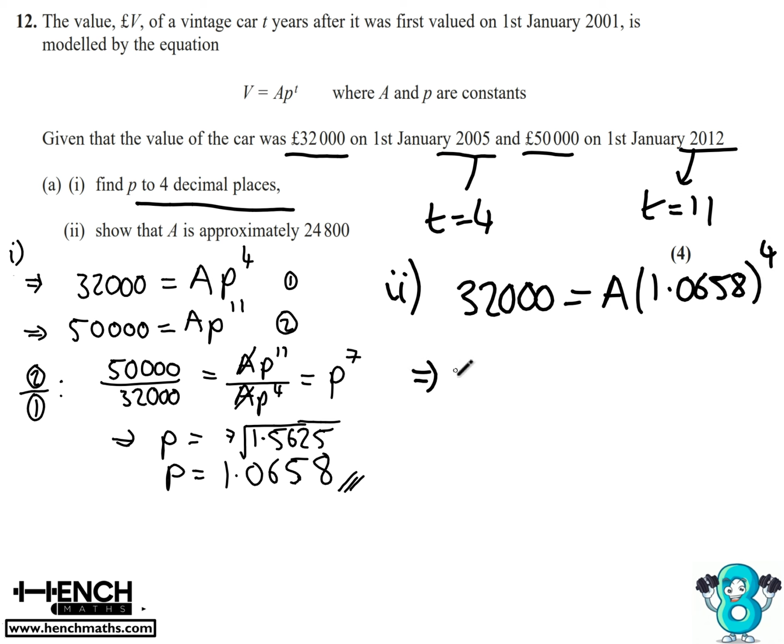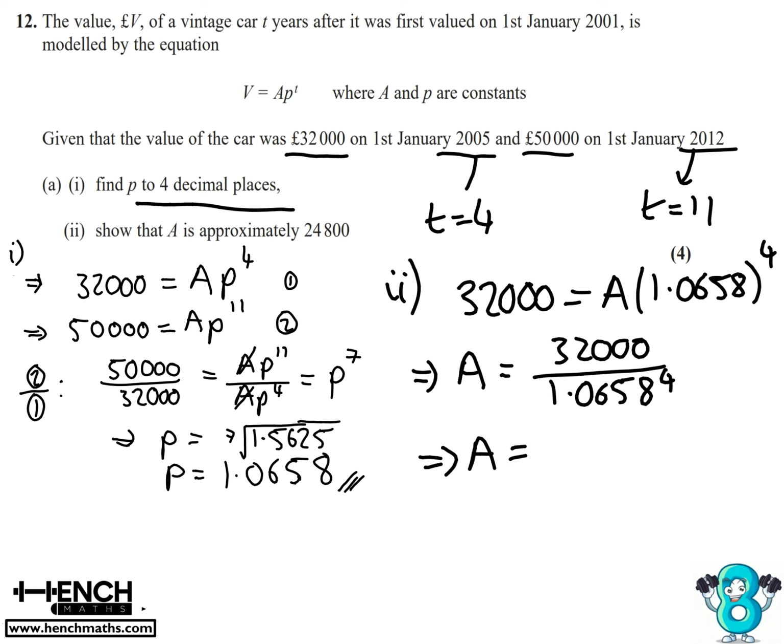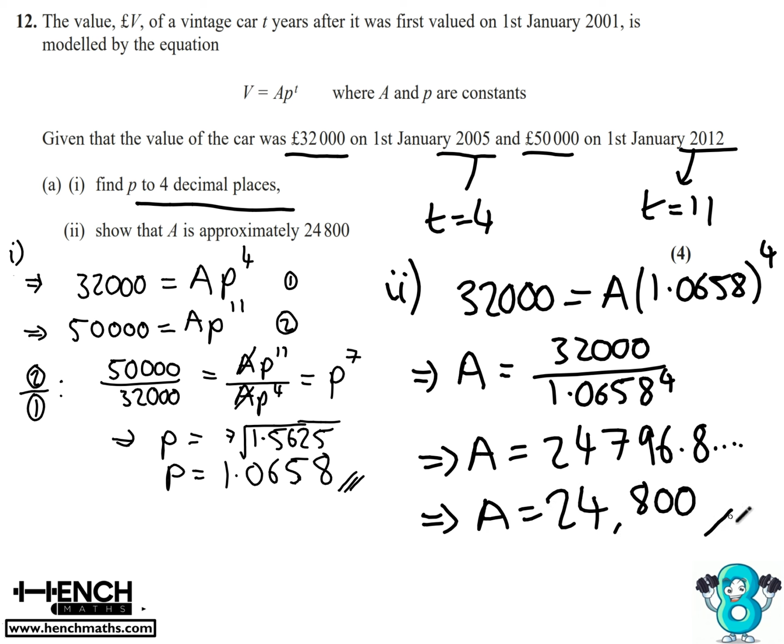That means A is going to be equal to 32,000 divided by 1.0658 to the power of 4. That gives us A, with a bit more accuracy than we need, 24,796.8, which is approximately equal to 24,800. So we've shown what they wanted in part A.